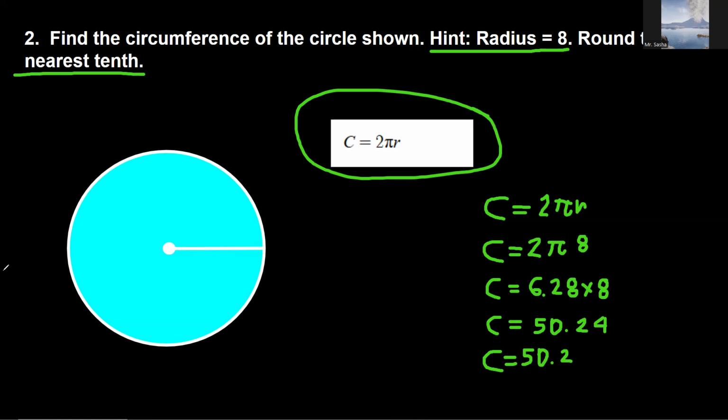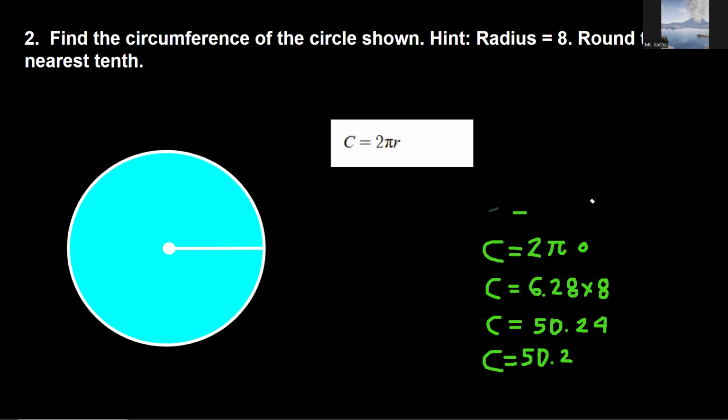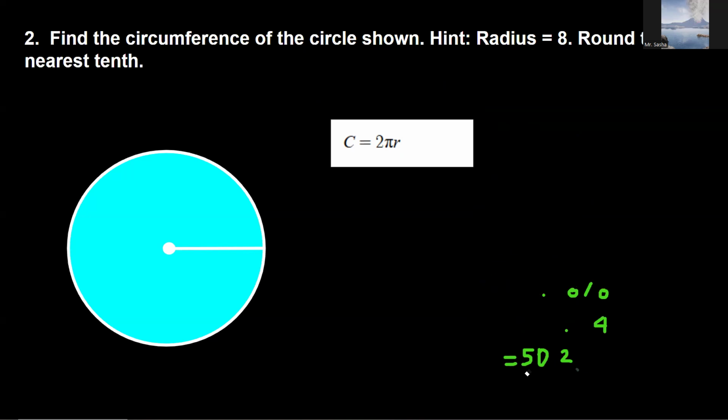Now all of you understand how to solve for the circumference of a circle, right? Always remember that you can use the formula so that you can solve the problem.